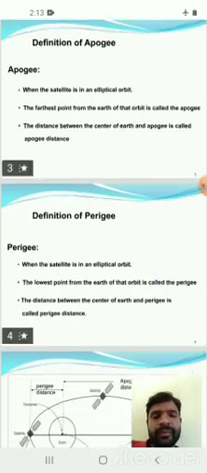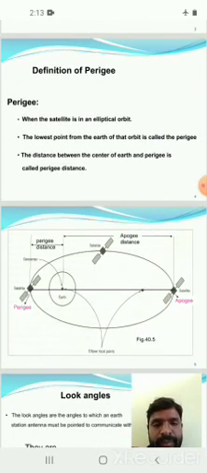So here the diagram shows the Earth is the center. The satellite rotates in elliptical orbit. If the satellite is in elliptical orbit, then sometimes it comes near to the Earth, and some of the time it's far, at a longer distance from the Earth.